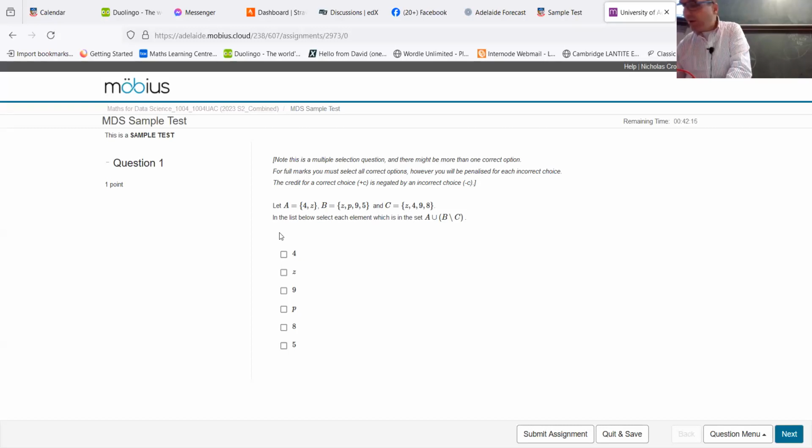So another way of talking about B without C is removing the intersection from B. Now that I've got this written down, let's do this one.